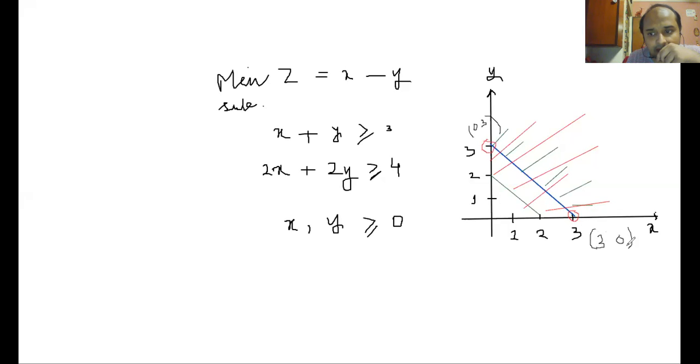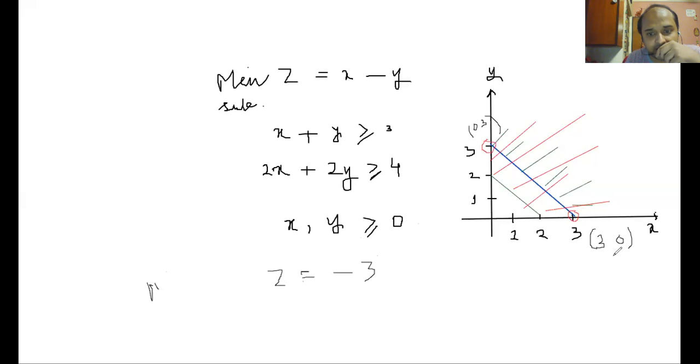If I substitute the values over here, put x equal to 0 and y equal to 3, you will get z equal to minus 3.